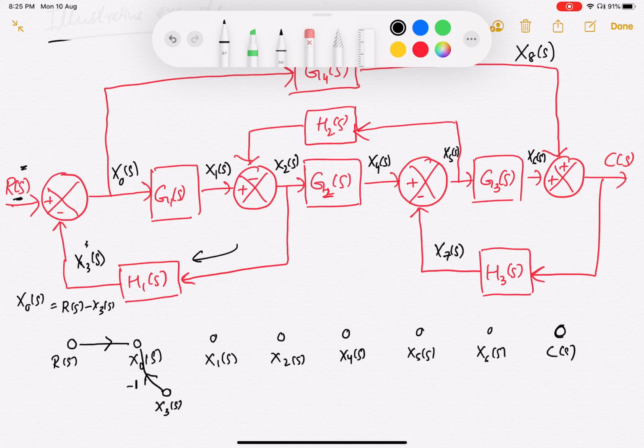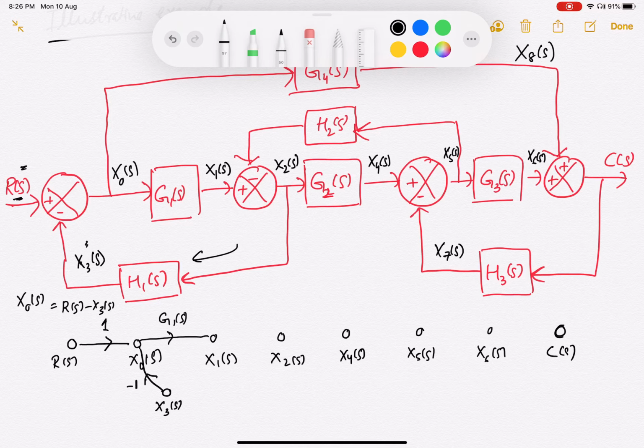So X3S you multiply with -1 and RS you multiply with 1, right? And add the two together to get X0S. Then X0S is processed to get X1S and you call that G1S. That system is G1S.